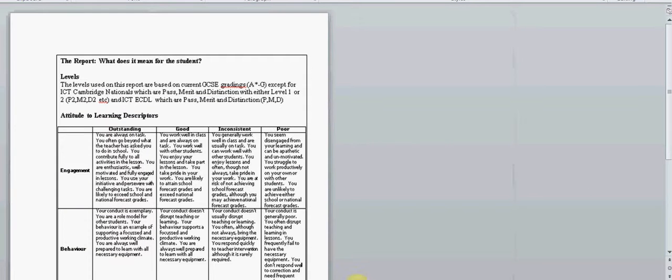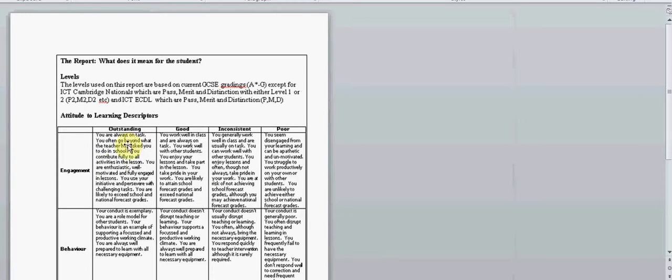On the back of the report we will have a description of what levels are being used, and for Year 11 it's largely the GCSE gradings A star to G, except in our Cambridge Nationals where we have pass, merit, distinction with either a level 1 or level 2. And in ICT ECDL, that's the European Computer Driving Licence course, lots of them do, it's pass, merit and distinction.